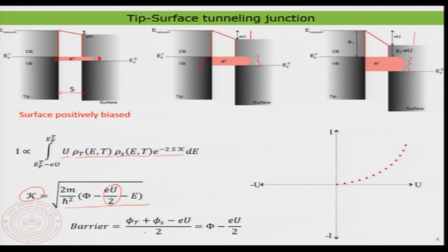So, that is calculated like this, because you now have to consider that the barrier on the left and the right are different. You clearly see in this diagram that the barrier on the left is exactly psi t. So, this is all the same, but here on the right side, on the surface side, you see that the barrier is lowered. So, now you need to take into account the average of the barrier on the left side and the barrier on the right side.